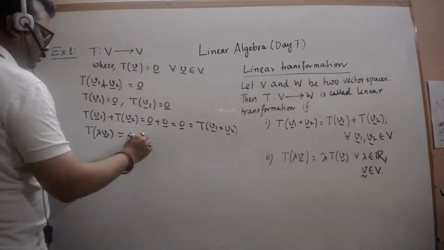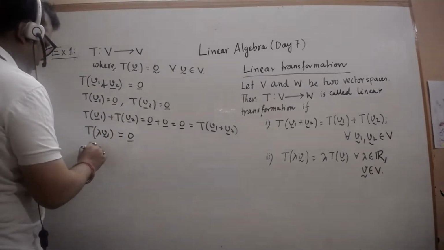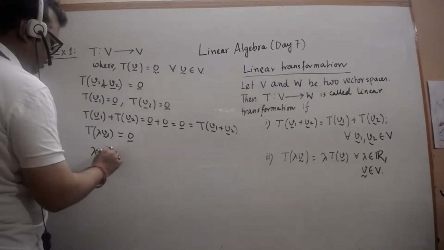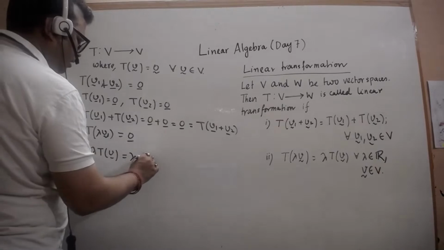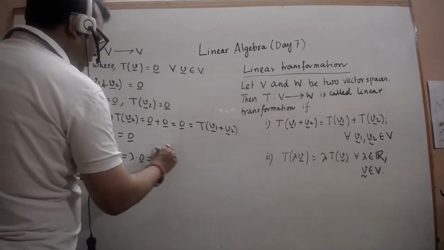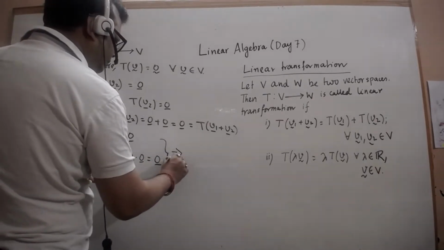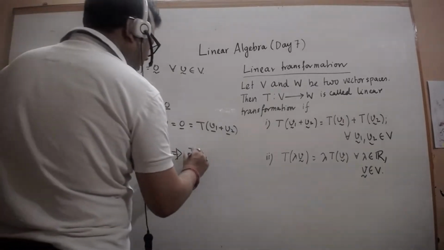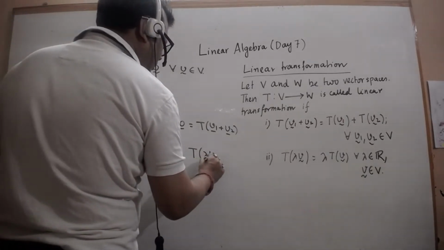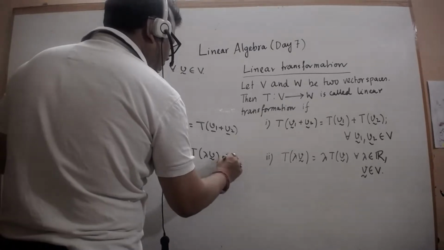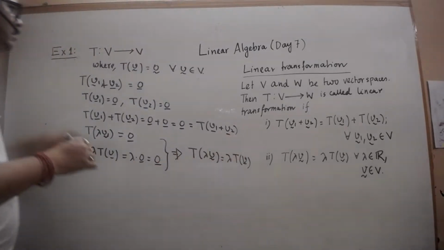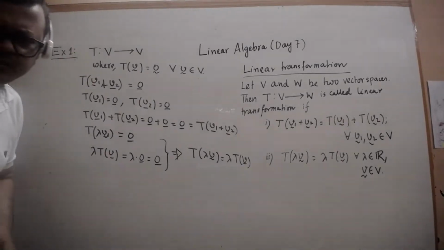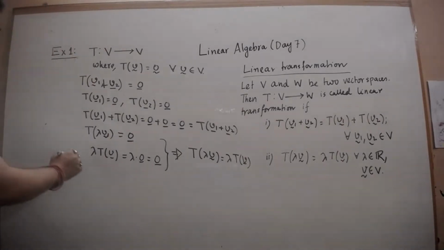And since v curve is zero curve, lambda into zero curve is again zero curve. This implies T(lambda v curve) equals lambda T(v curve). Hence, this is a linear transformation.